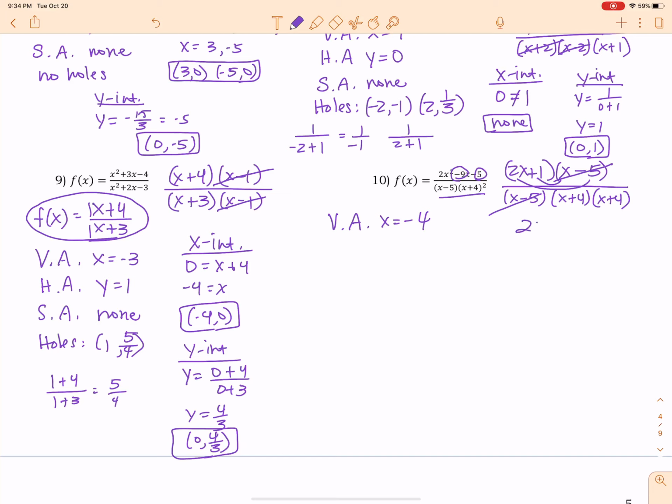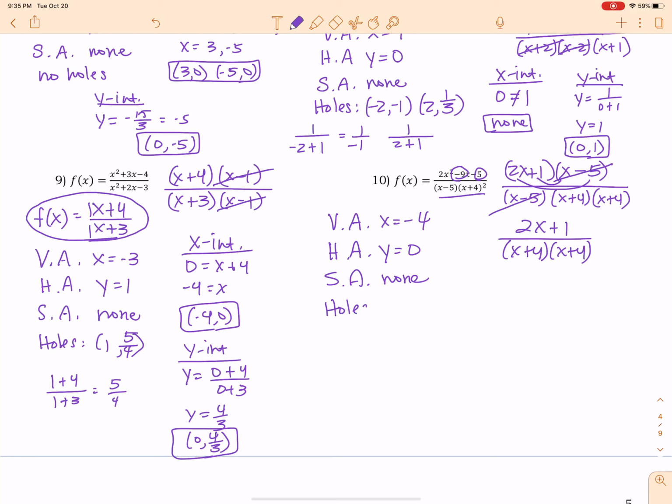So my reduced version, sorry, I meant to write that so we'd have it to refer to. Okay, my horizontal asymptote for this one, my numerator degree is less than my denominator degree. So that means I'm going to have a horizontal asymptote at 0. There is no slant asymptote.